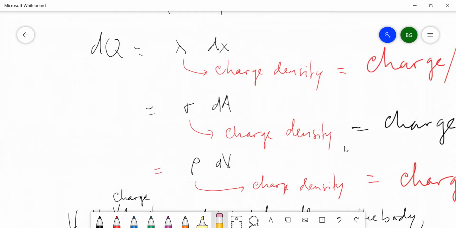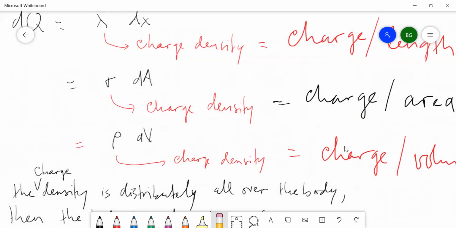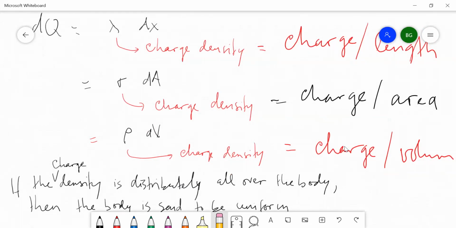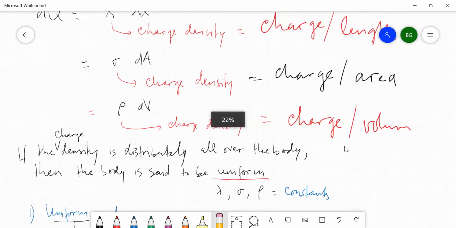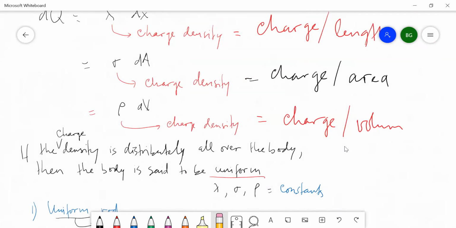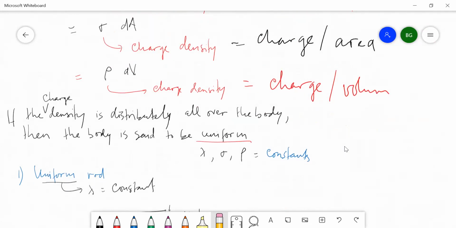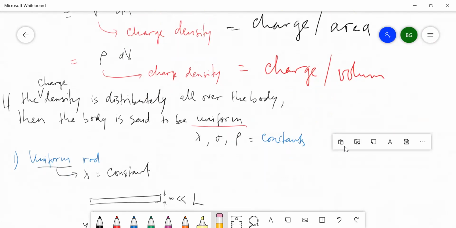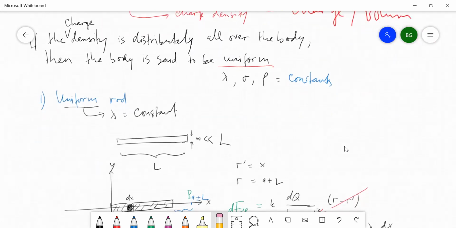Ada yang rapat muatannya per panjang, ada yang rapat muatannya per luas, ada yang per volume. Yang general itu yang per volume. Nah, jadi kalau untuk kasus ketika rapat muatannya itu terdistribusi secara merata ke dalam sebuah benda, itu berarti lambda, sigma, dan rho itu konstan. Jadi dikatakan bahwa benda tersebut bersifat uniform.